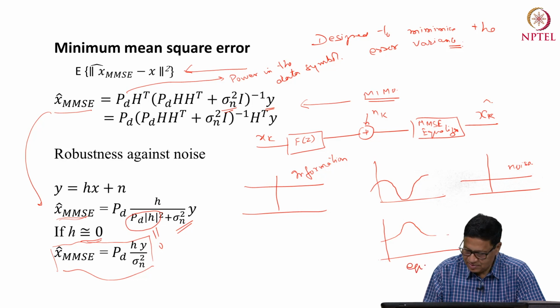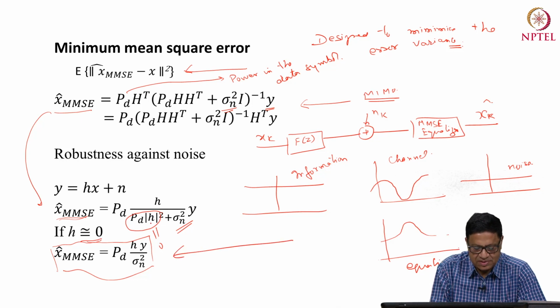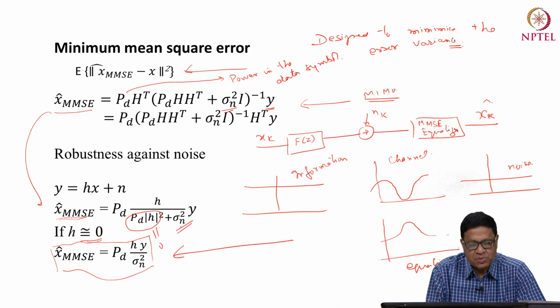This is the equalizer, and this is the channel. It does not go to infinity, which is clear from this equation, because there is still a term sigma n square, so it does not blow up to infinity.